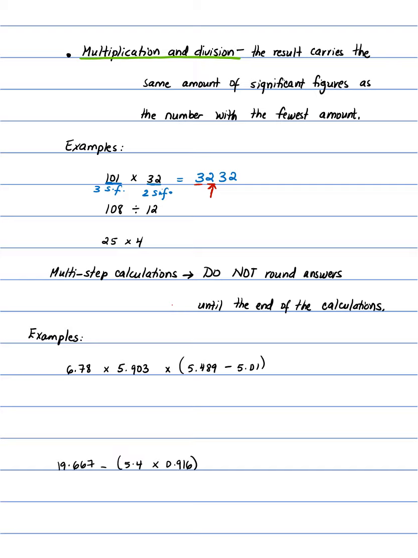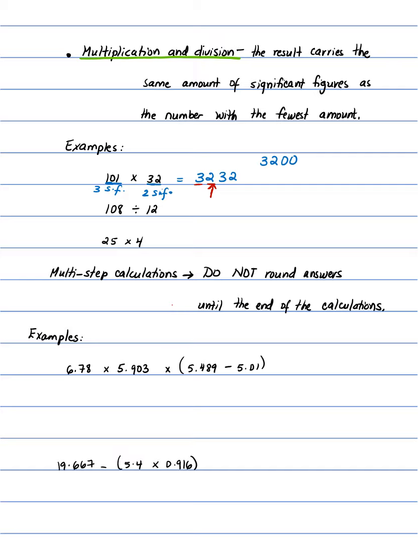Your two possible ways of writing this answer here: it's like that, 3,200.